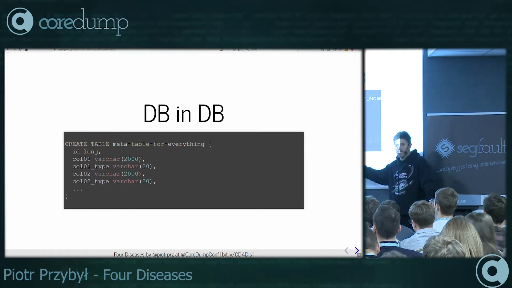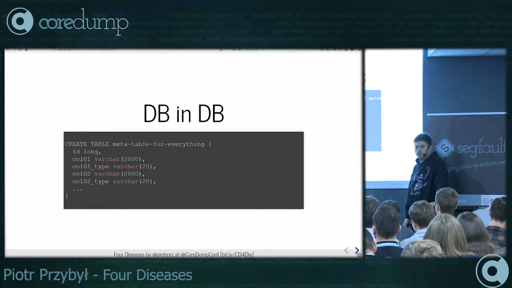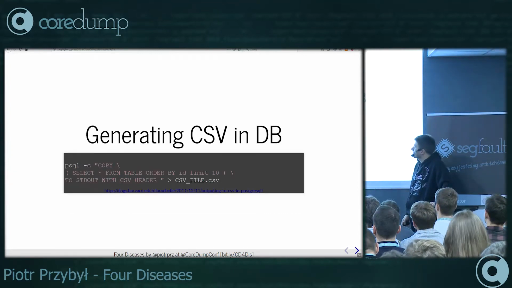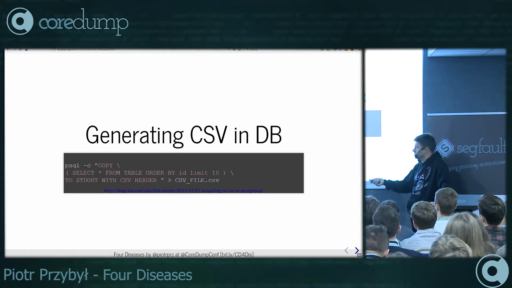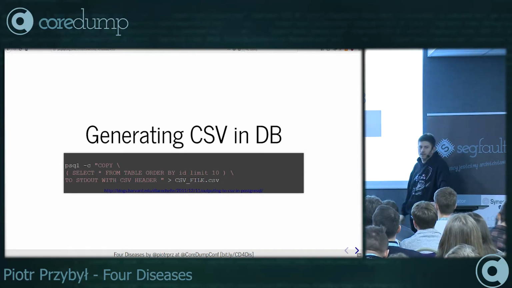And this is the actual case I saw working in production. 200 lines of code to generate a simple CSV report instead of doing this, because it was PostgreSQL. This is your query, and you just say to standard output with the CSV header, and you just direct it to a file, and you're done, and everything is done.